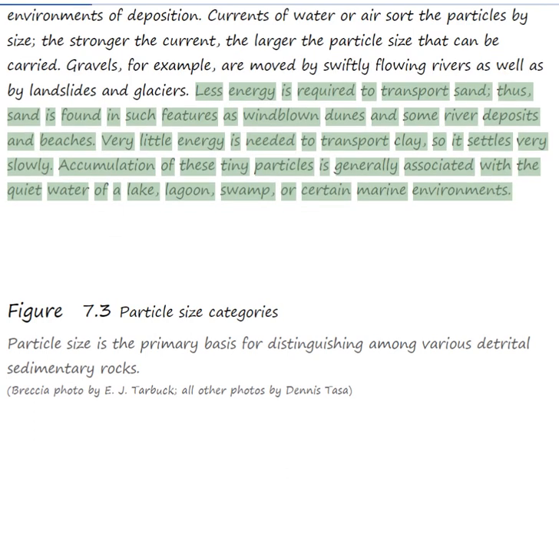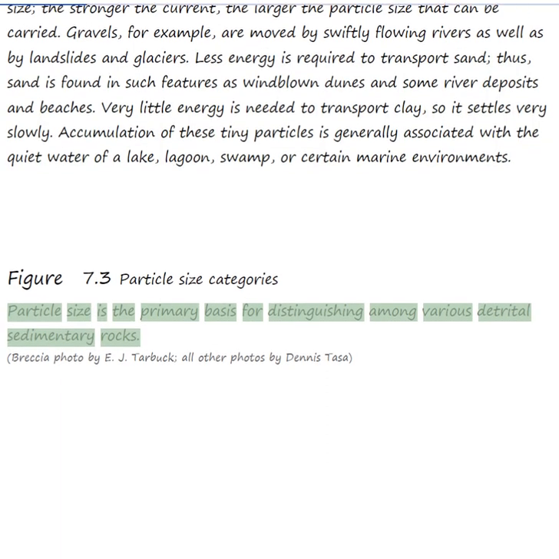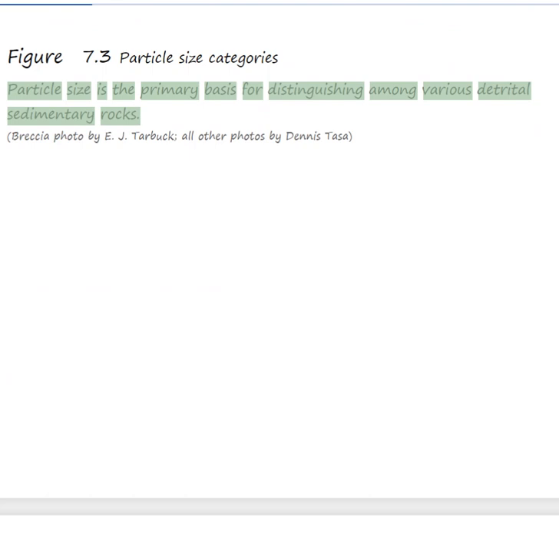Less energy is required to transport sand, thus sand is found in such features as wind-blown dunes and some river deposits and beaches. Very little energy is needed to transport clay, so it settles very slowly. Accumulation of these tiny particles is generally associated with the quiet water of a lake, lagoon, swamp, or certain marine environments. Particle size is the primary basis for distinguishing among various detrital sedimentary rocks.